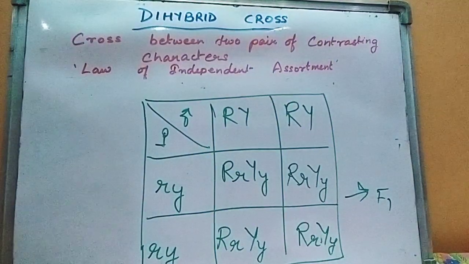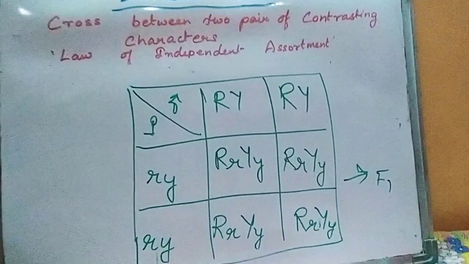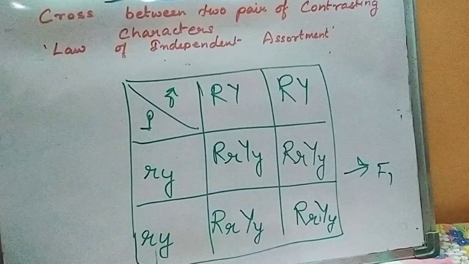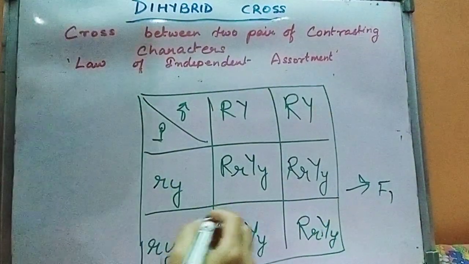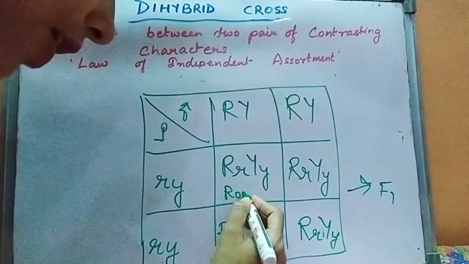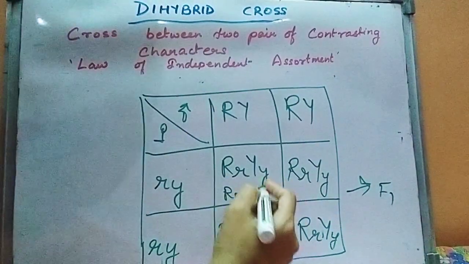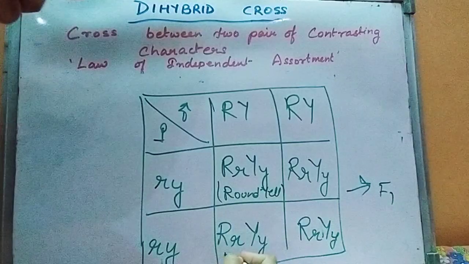So in F1, Mendel got all of the plants looking round yellow. Though it was not homogeneous, it was heterogeneous, they all looked like round yellow in the first generation, as we found out in which cross?